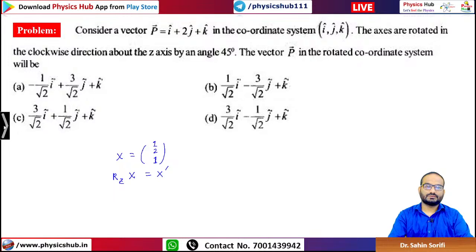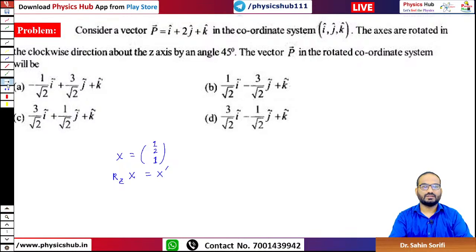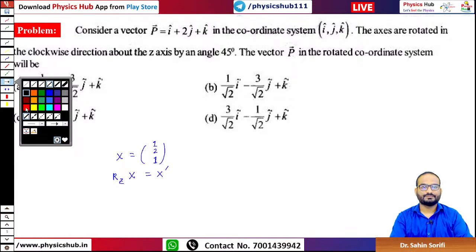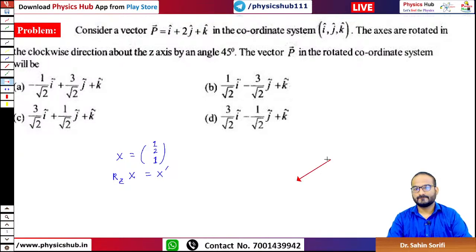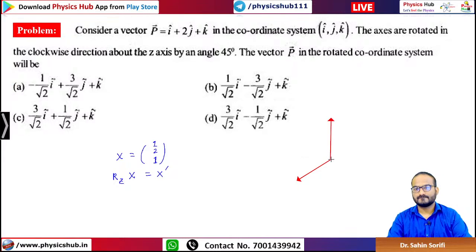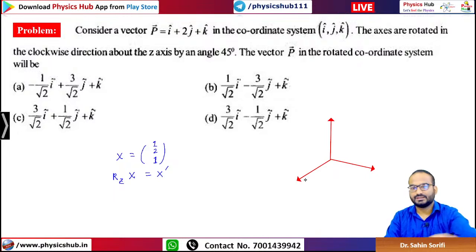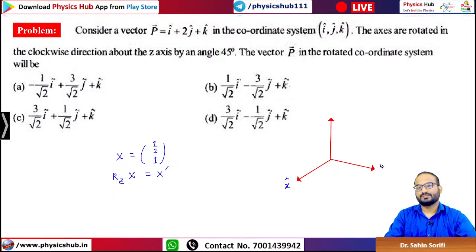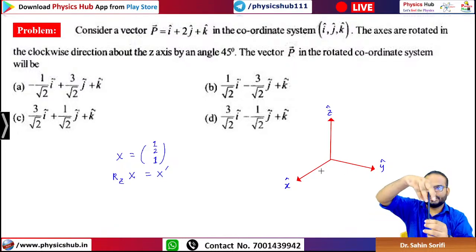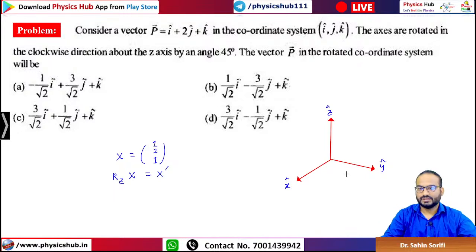So if you try to visualize the scenario, what kind of scenario can we expect? This is the unrotated system, previously x cap, y cap, z cap. So rotation is carried out about the z axis. So after rotation, you are rotating it clockwise. So in this direction, in this way, you are rotating clockwise. So what can you expect?